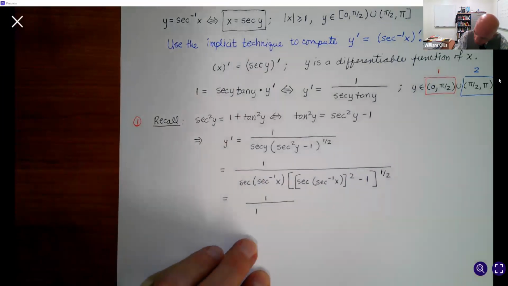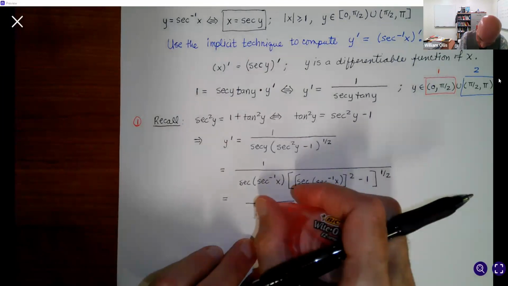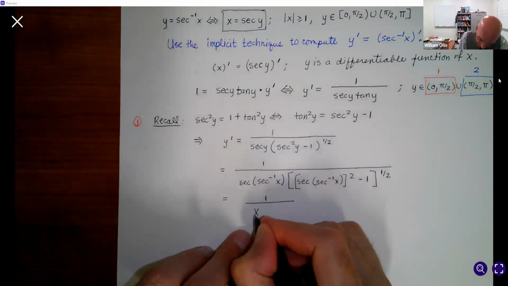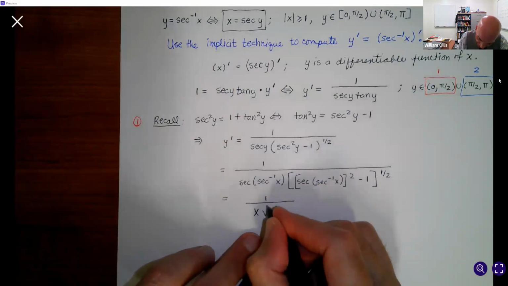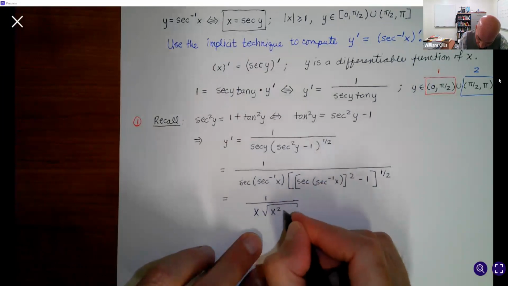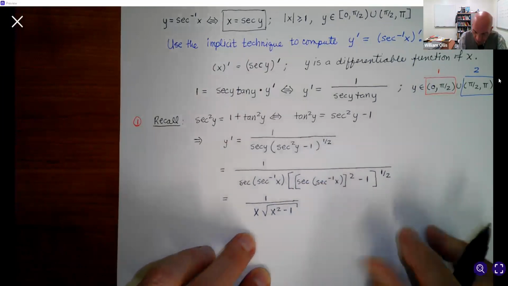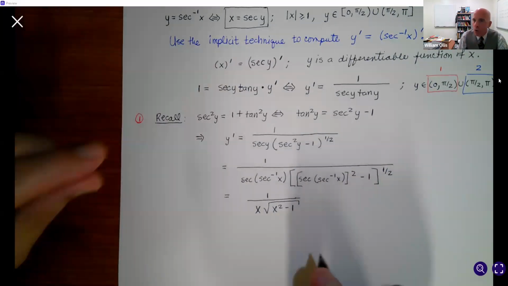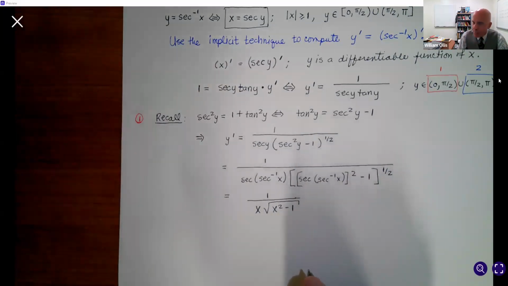So we have x, and then I can use the square root symbol now, x squared minus 1. So that gives us an algebraic form for the derivative of a transcendental function.